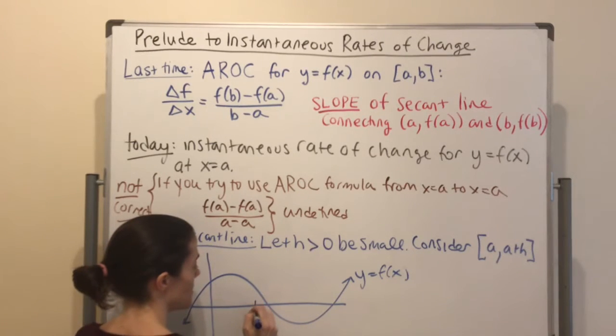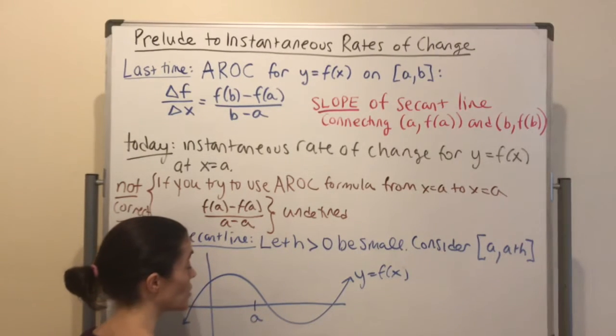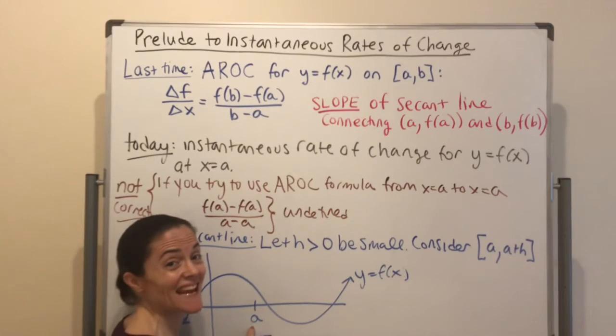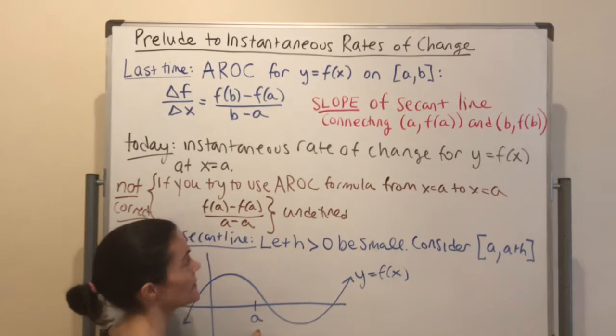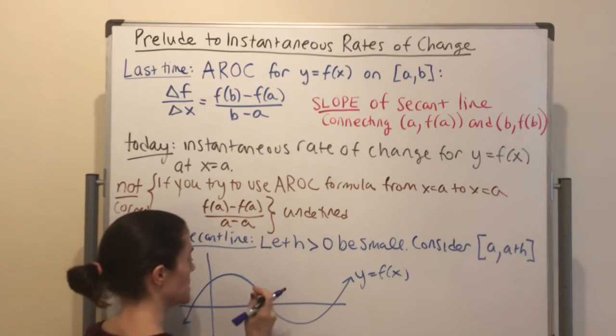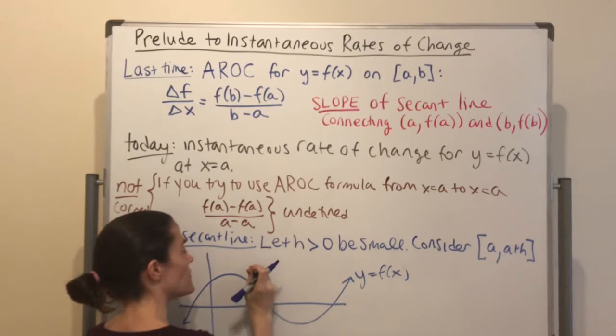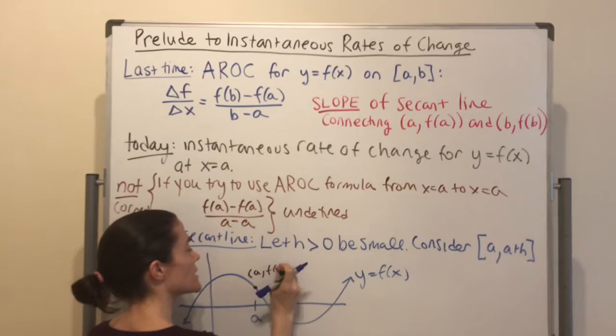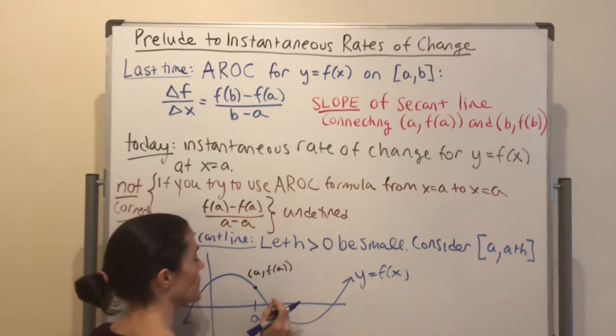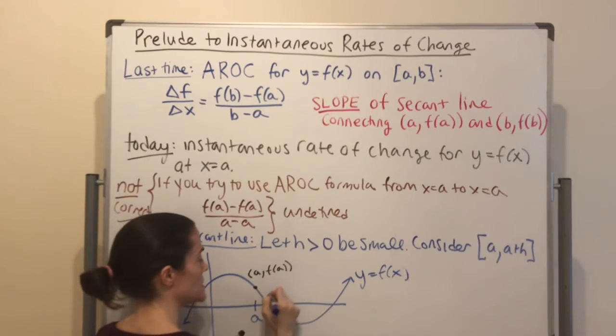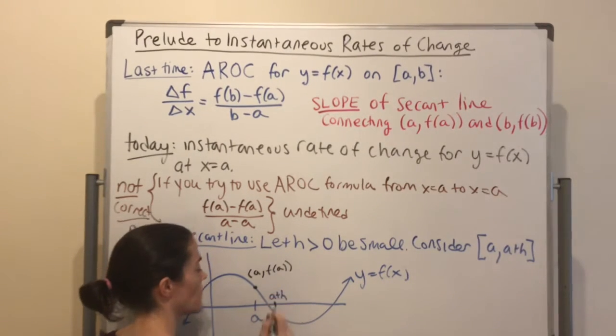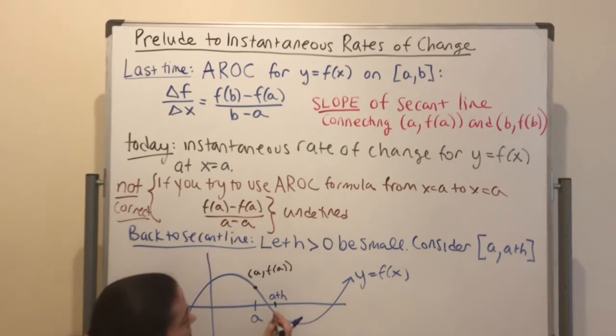We have some x value, and this is where I'm interested in the instantaneous rate of change at x equals a. Okay, this is what I'm trying to understand. Here is the point on the graph, a comma f of a, for example. Now h is small. Maybe here is a plus h. Okay? And here is the point on the graph, a plus h, comma, f of a plus h.